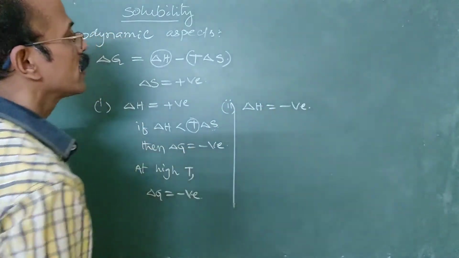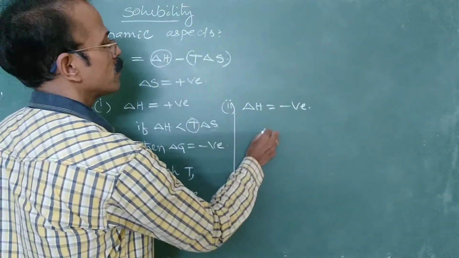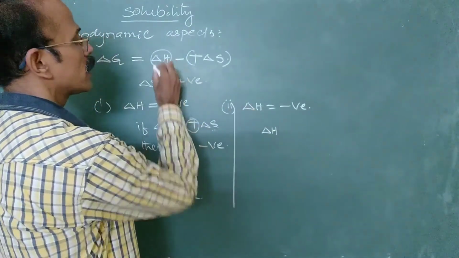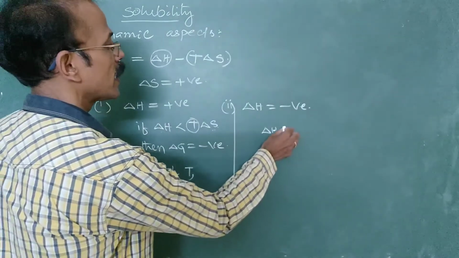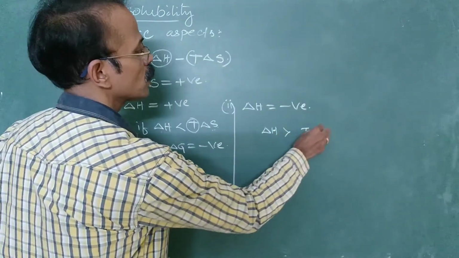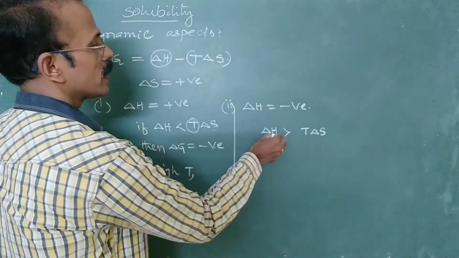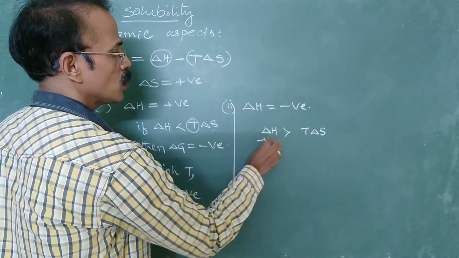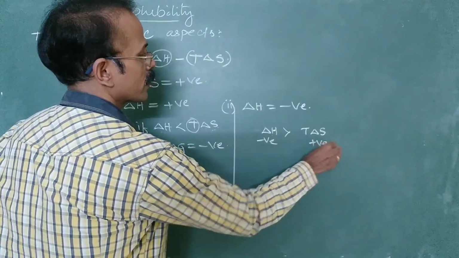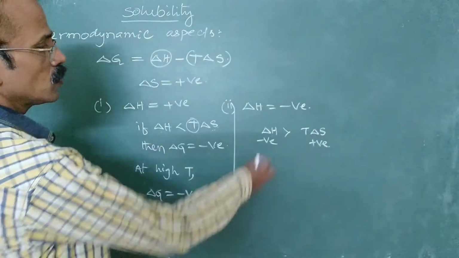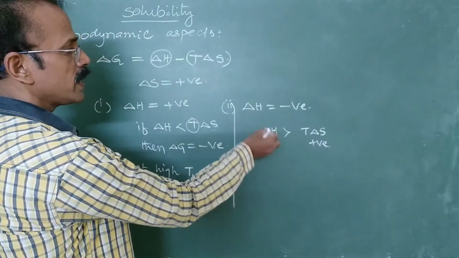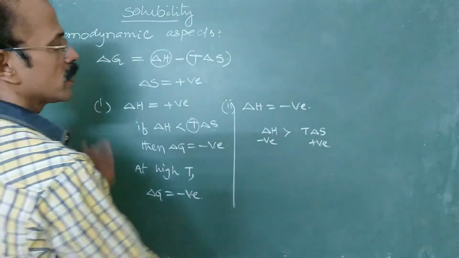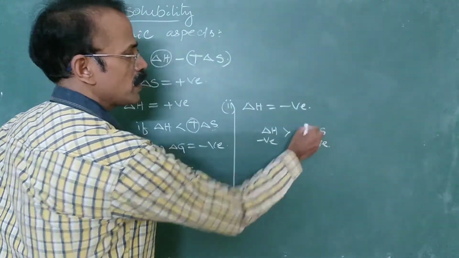If delta H is negative, the negative value of delta H should be greater than the positive value of T delta S. So this should be highly exothermic, and here this term should be less.